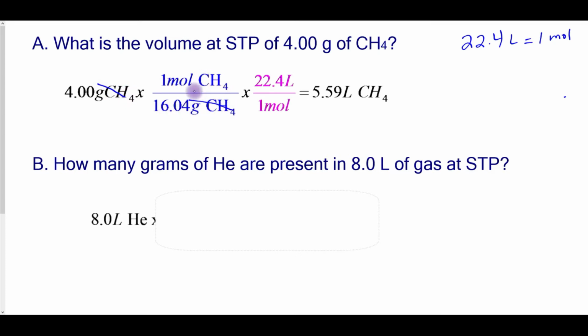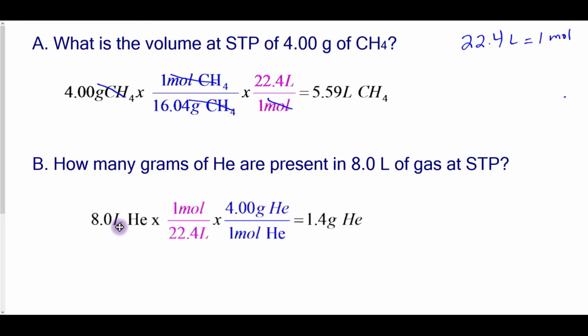Remember, grams per 1 mole from the periodic table. But it doesn't ask for moles, it asks for volume. So I can use my 22.4 liters per 1 mole as a conversion factor and change it to liters. Pause the video and try problem B.